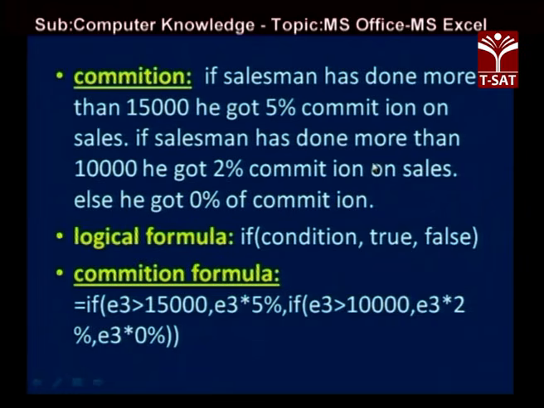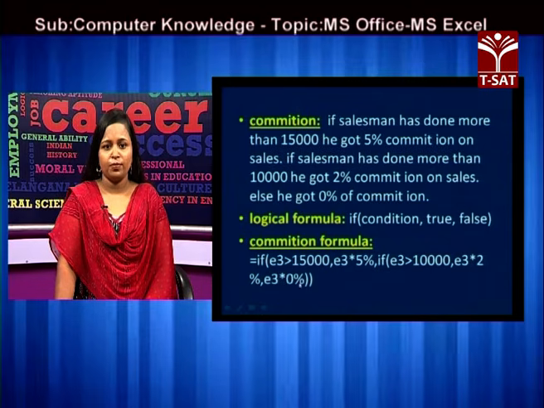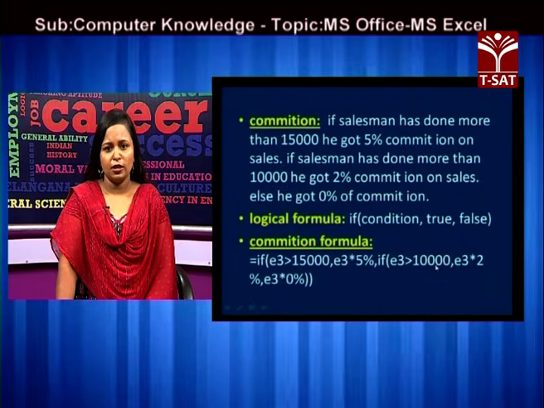Next, commission. How to calculate the commission? In this commission some conditions are there. Whenever there are conditions, we have to use IF. The thresholds are 15,000 and 10,000. Greater than 15,000 per salesman, the calculated amount is 5%, and for 10,000 the percentage is 2%, otherwise 0%.